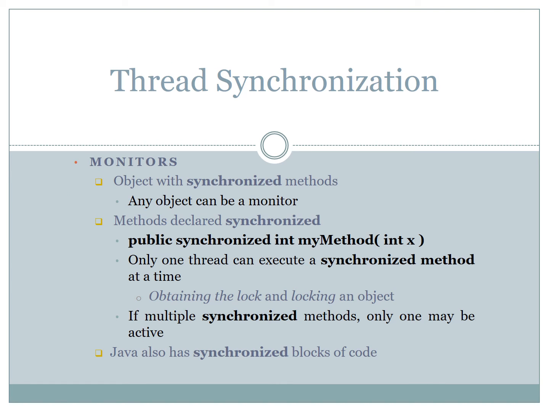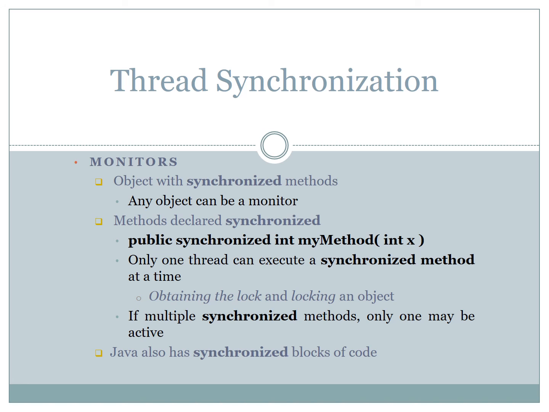So here we are going to talk about thread synchronization by monitors methods. In the monitors object with the synchronized methods, any object can be a monitor. A method is declared as synchronized, and the format is public synchronized int myMethod(int x).